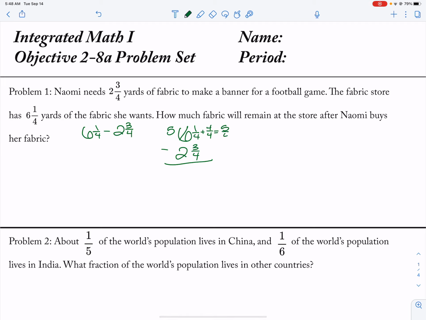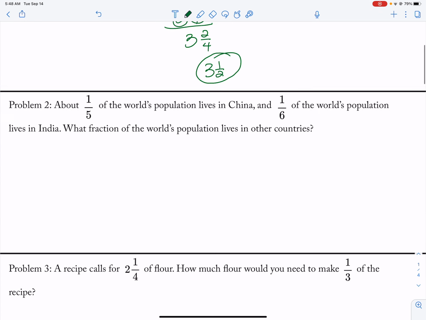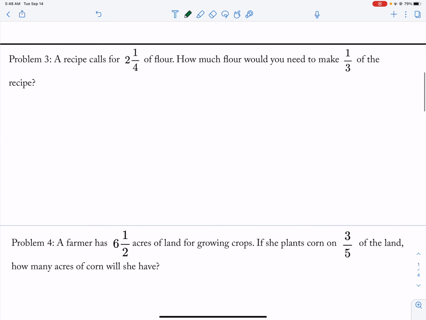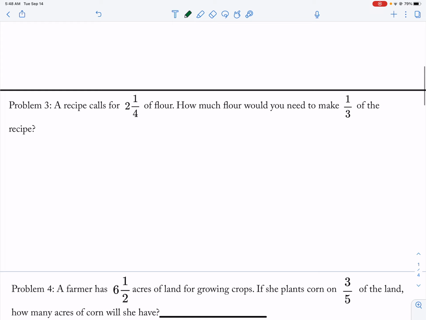So technically you have 5/4 minus 3/4, which gives me 2/4, and then 5 minus 2, which is 3. So I get 3 1/2. Or I could have turned them into improper fractions and then subtracted.